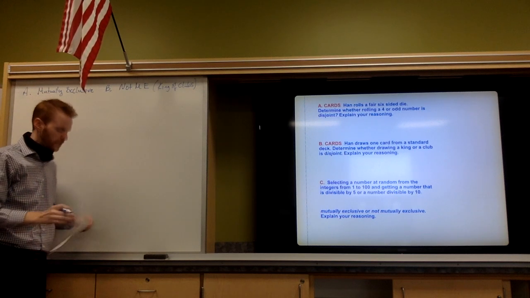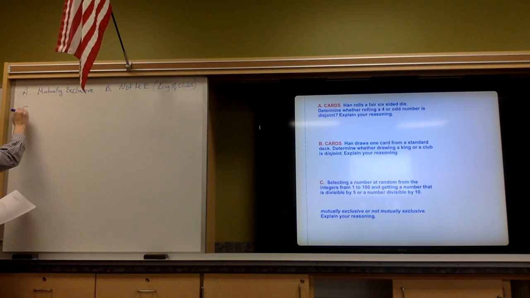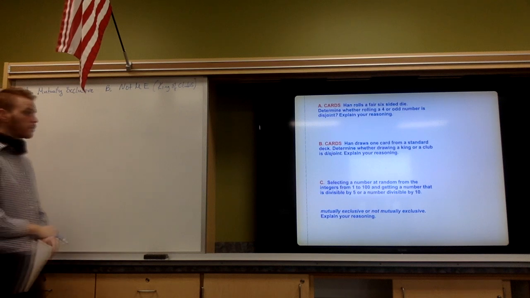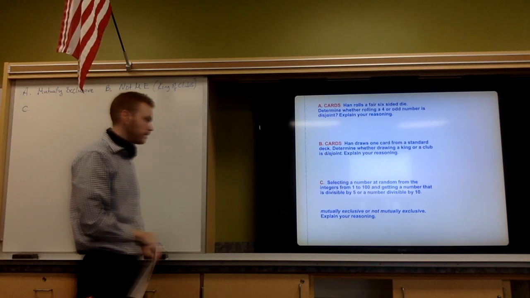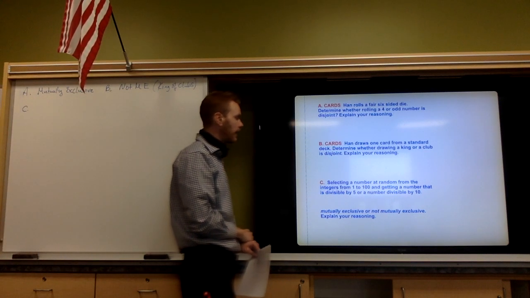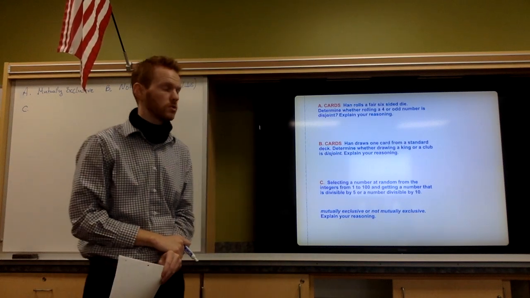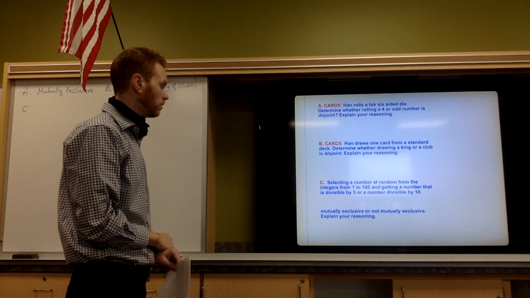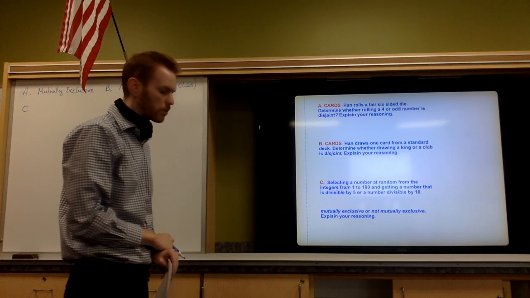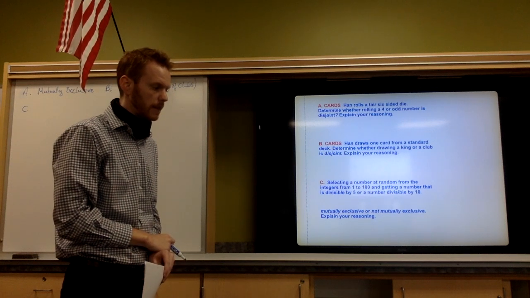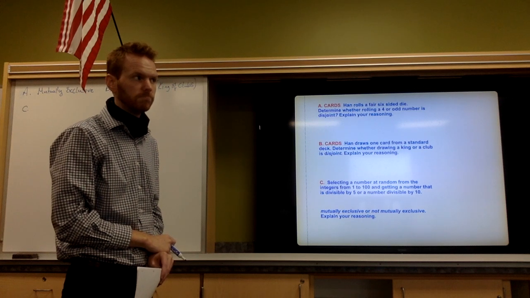And the last one, part C. Selecting a number at random from 1 to 100 and getting a number that's divisible by 5 or divisible by 10. Is that mutually exclusive or not? Let's think about this. Are there numbers that could be divided by 5 and 10? Yes.